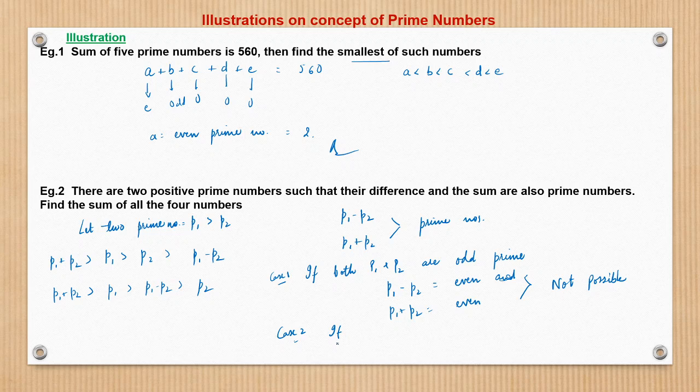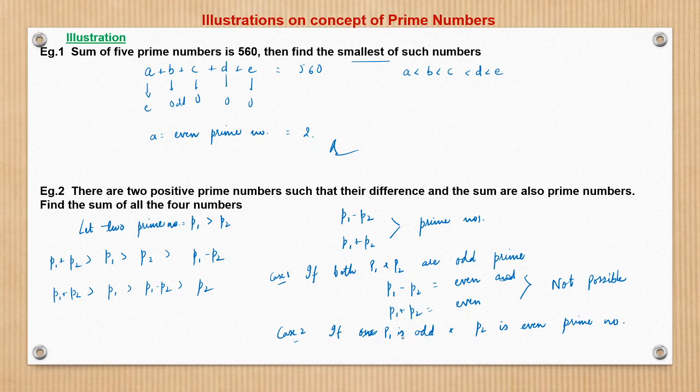Now case 2, if P1 is odd and P2 is the even prime number. Why did I take P2 as even, not P1 as even? Because we know that P1 is greater than P2.